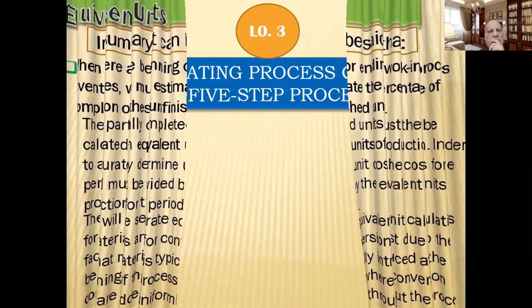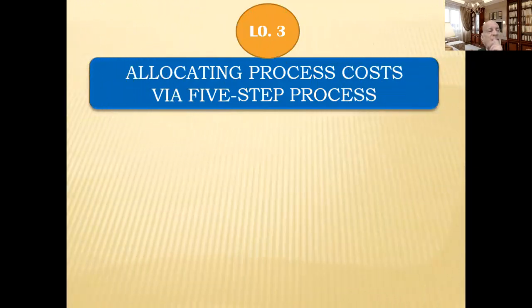Let us transfer now to learning objective number 3, in which we will illustrate allocating process costs via 5-step processes. The key document in a typical process costing system is the production cost report, which is prepared at the end of each period for each production process or department.